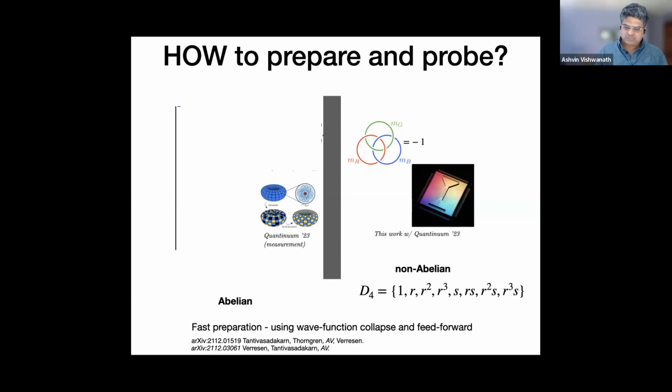You can think of that as a discrete gauge theory, which is non-Abelian. We'll create the quantum state that corresponds to that topological order. Again, we'll show that it has certain properties which only occur because of its non-Abelian nature, and we'll invoke measurement as a tool in its preparation.